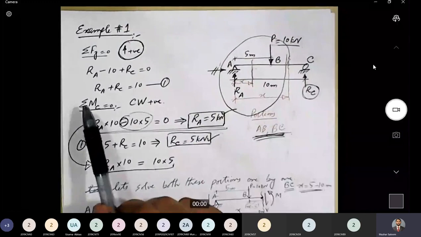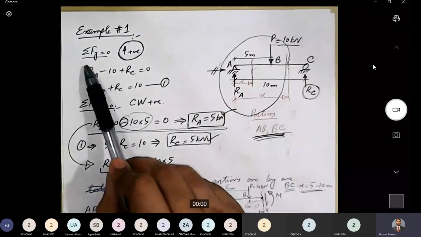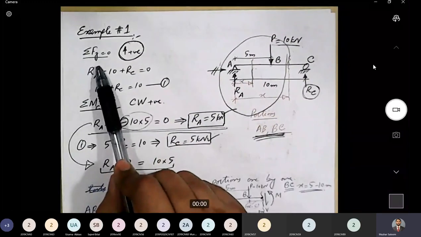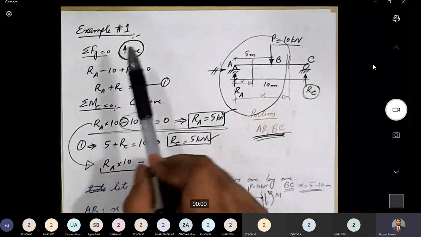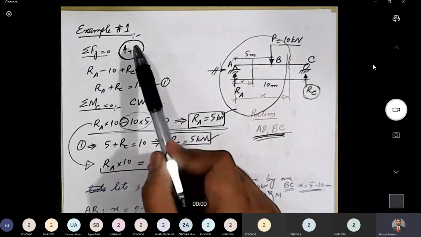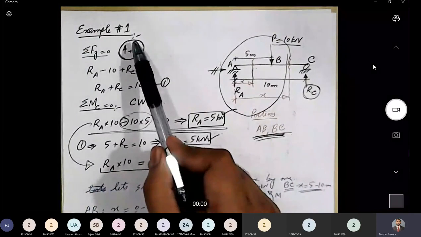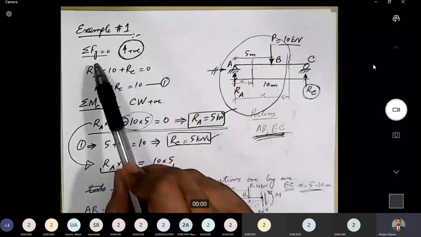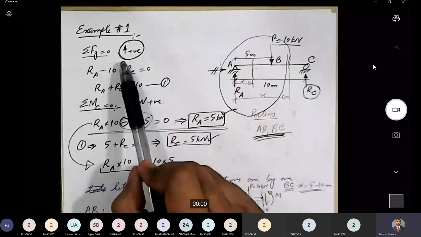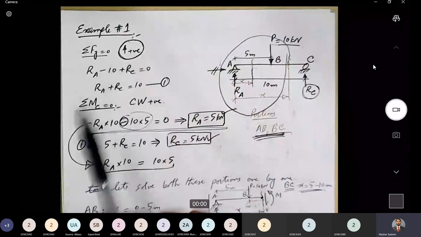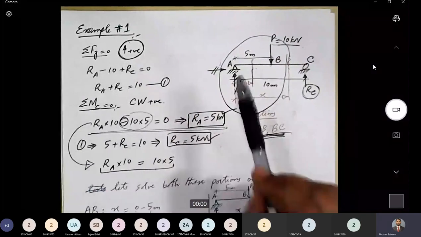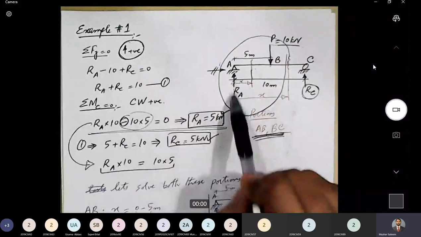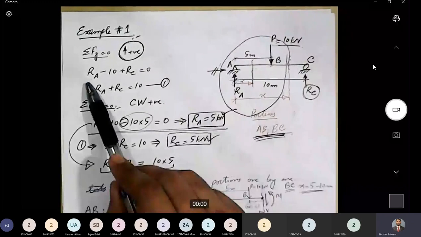Now let's apply the conditions of equilibrium. Sigma Fy equal to 0, and it is recommended to write down the convention whenever you are applying the condition of equilibrium. So for sigma Fy equal to 0, our convention is upward forces will be taken as positive. Now let's start from this side. Ra, it's acting in the upward direction, so it is positive.